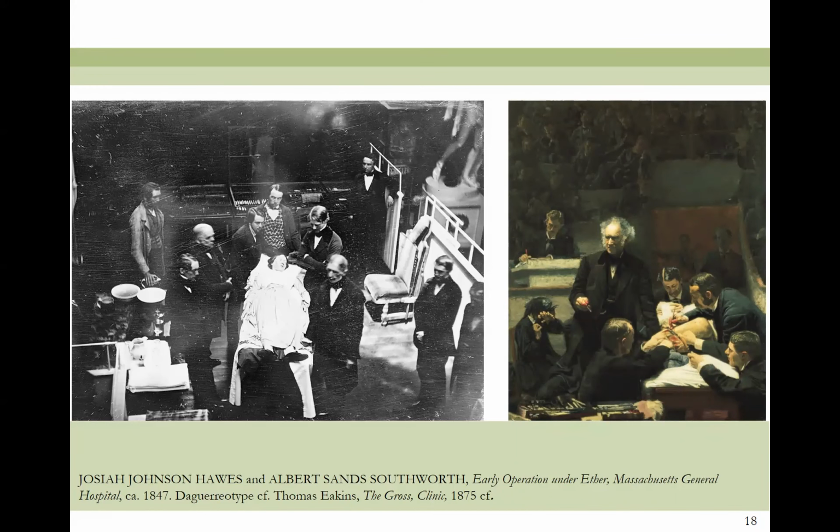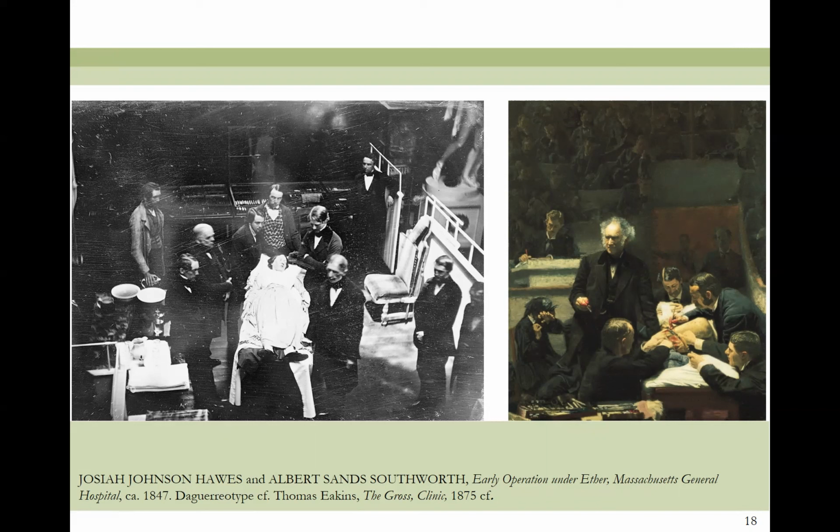Then we have painters like Thomas Eakins on the right, who is using this realistic, very refined brushstroke style to present the new science, the new kind of interest in looking at the world, looking at human bodies. So you have it both in photography, a capturing of a new surgical room, and in painting with Thomas Eakins here, an instructor in the surgery showing this surgery under ether.